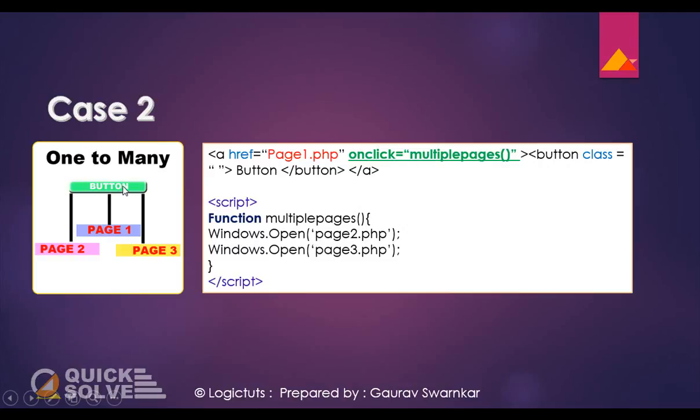That means when I click the button, that onclick event goes to the multiple pages function in the JavaScript, and the function is defined here. When this function is called, it opens 2 new pages, page 1 and page 2. So in total 3 pages are opened. You can open as many pages as you want with the help of this JavaScript. Now let's go to case 3.